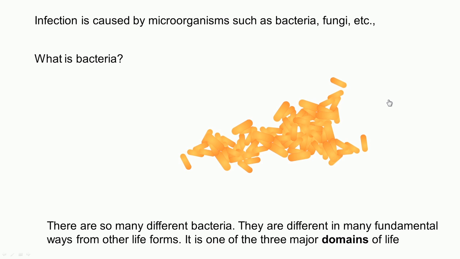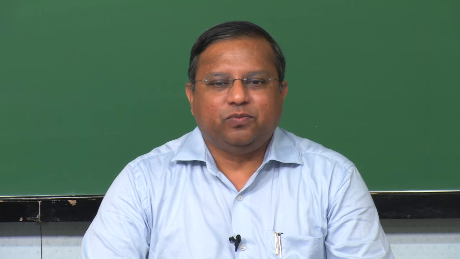And there are so many different kinds of bacteria. They are different in fundamental ways. We will come to know what those fundamental ways are to a certain extent when we go through the course. They are different in many fundamental ways from the other life forms.